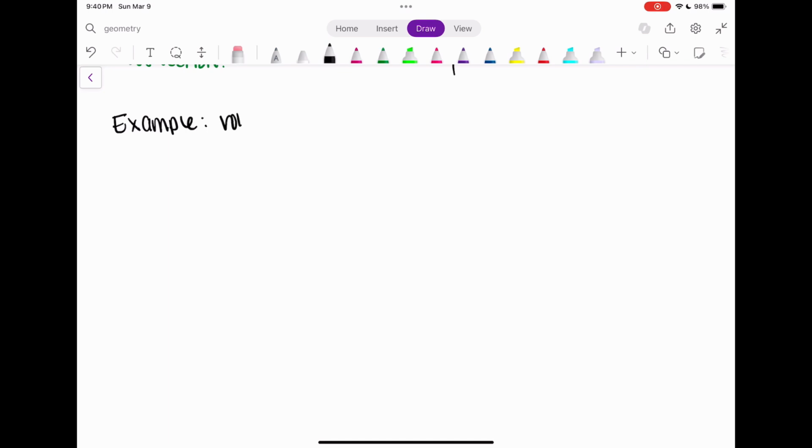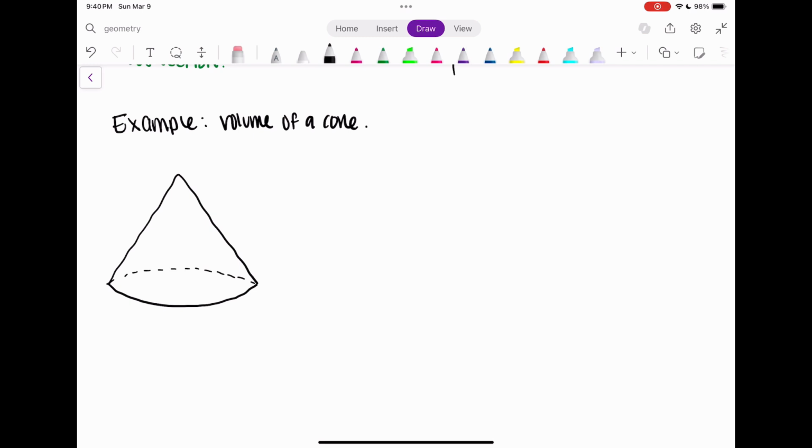So this is example number 1, volume of a cone. Go ahead and draw a cone. Again, it doesn't have to be perfect. I'm going to draw the height from the top to the middle of the circle.